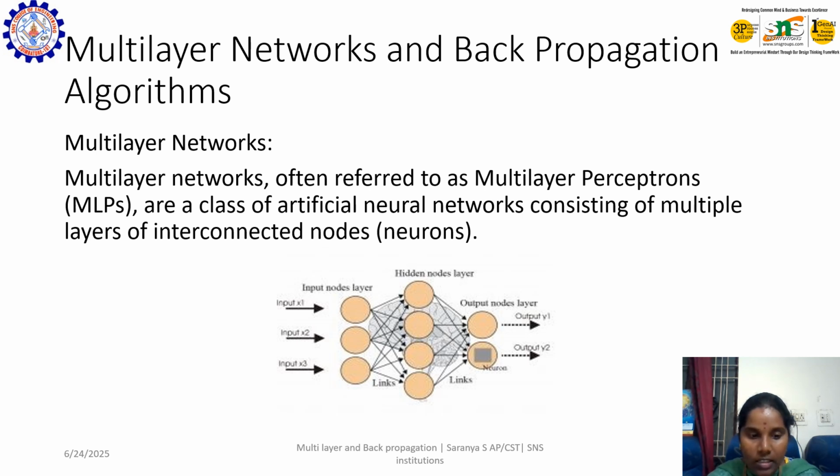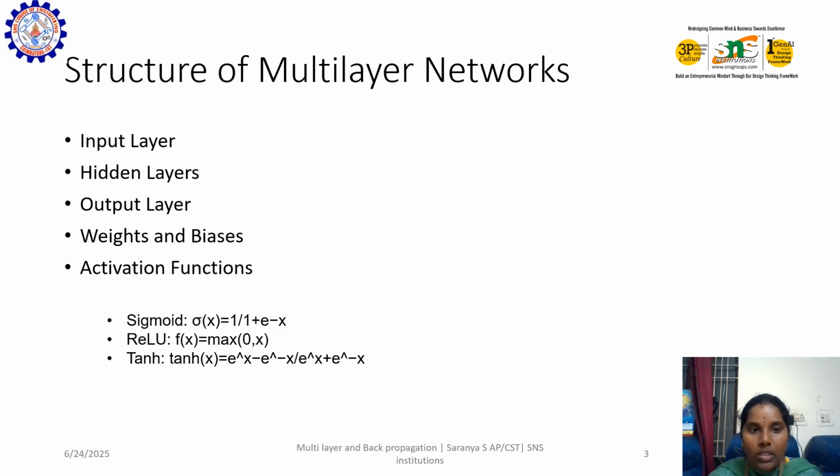Each layer consists of neurons that process the information and pass it to the next layer. The hidden layers enable the network to learn the complex and nonlinear relationships between the input and outputs. The next topic is the structure of multi-layer networks.